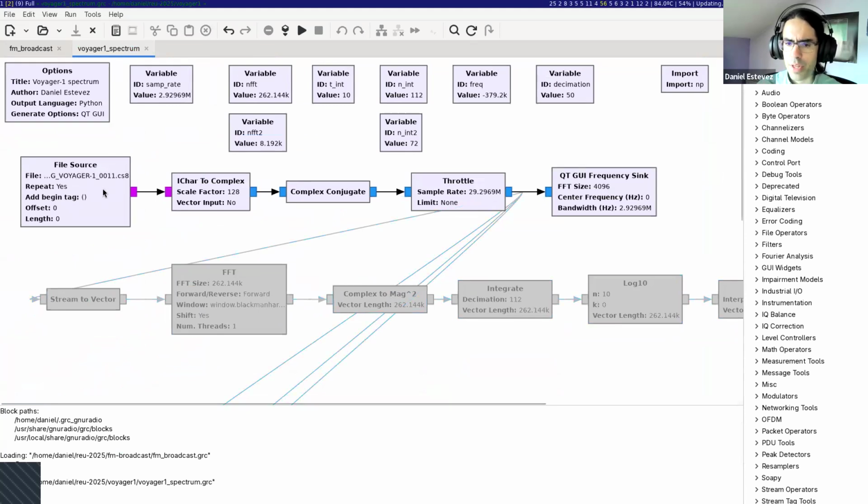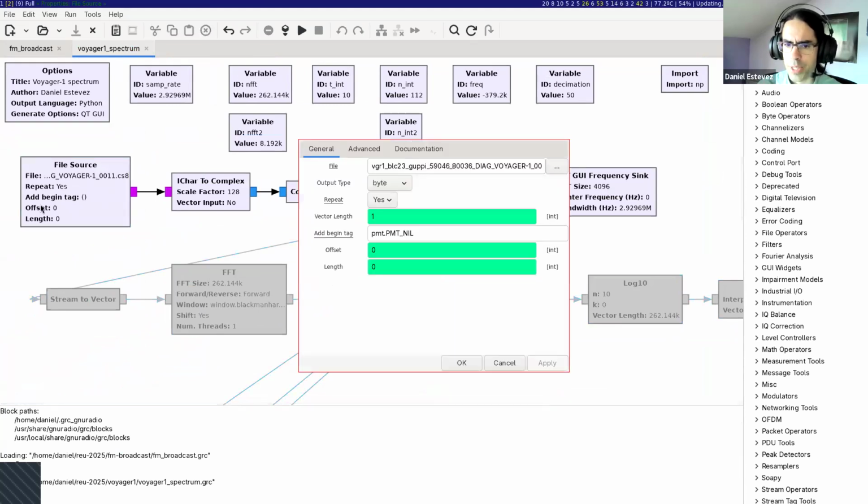The first thing is about the file itself. We use the file source to play back the file, and for that, we need to know the file format. For this one, the file format is complex bytes or complex 8-bit integers. I basically know that because I prepared the file, doing some data reduction of the file recorded at Greenbank.